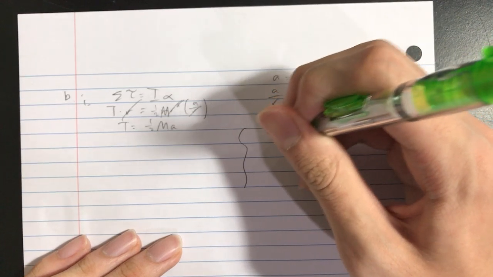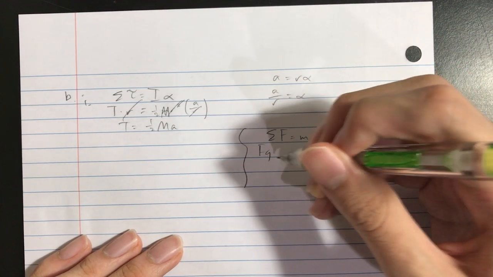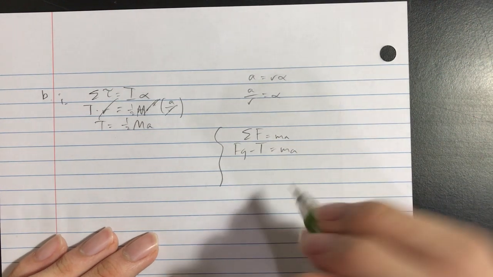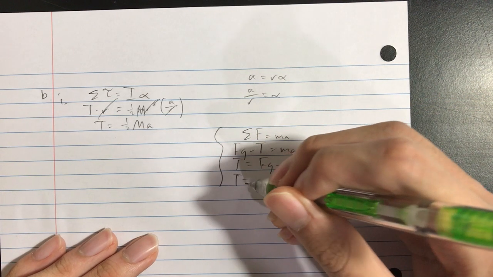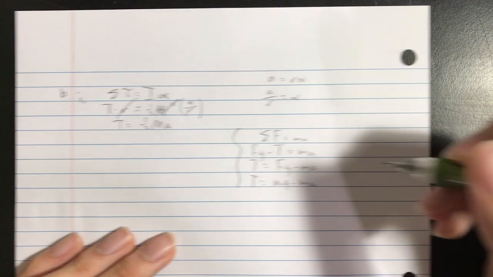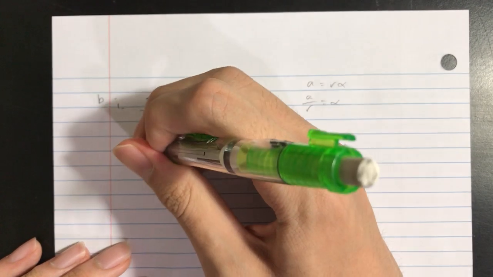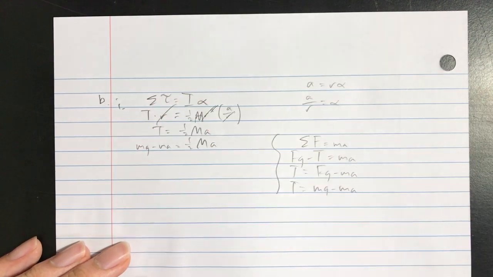So we have net force equals ma. The two forces are Fg, the bigger, minus T, the smaller, equals ma. Solving for T, we get T equals Fg minus ma, and T equals mg minus ma. So we can plug this up to here: mg minus ma equals 1/2 Ma.